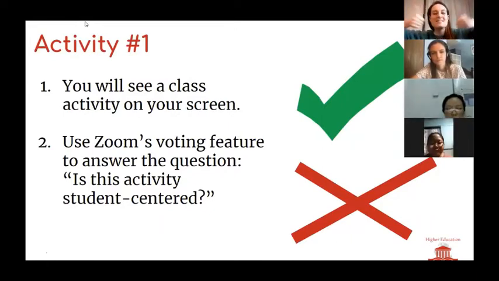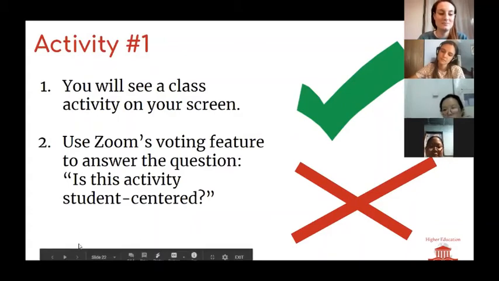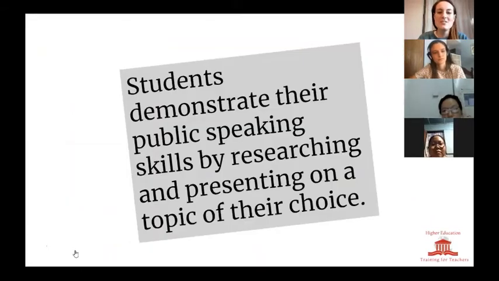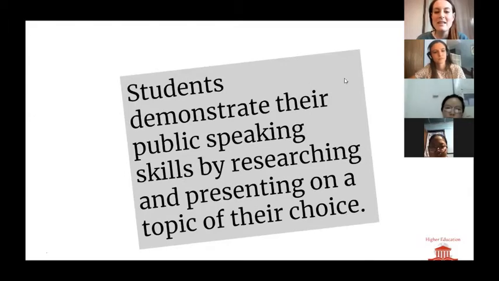Yes for student-centered, no for teacher-centered. Students demonstrate their public speaking skills by researching and presenting on a topic of their choice. Is that yes for student-centered or no for teacher-centered?